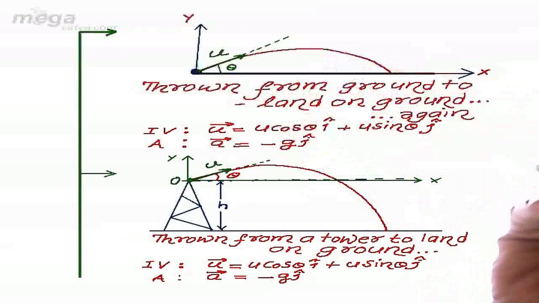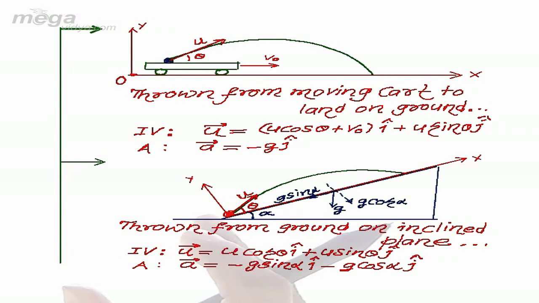In the first example we have taken a projectile thrown from ground to ground. In the second case we have taken a projectile thrown from a tower. In the third case, the projectile was thrown from a moving cart or moving trolley at some angle with the horizontal. And in the last special case, we have projected a projectile on an inclined plane.